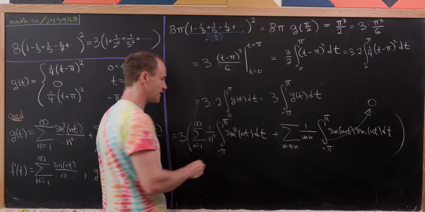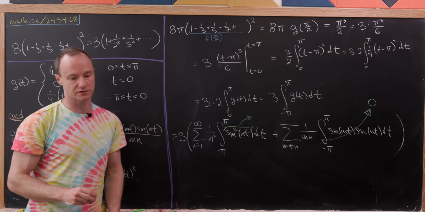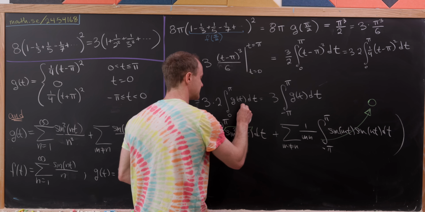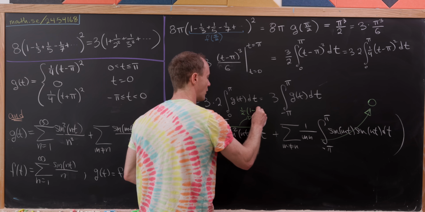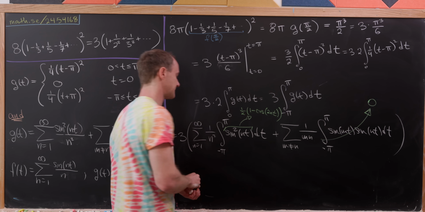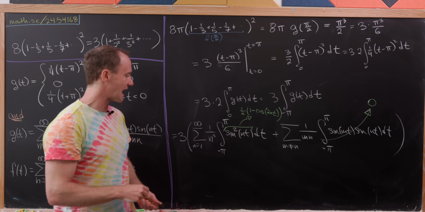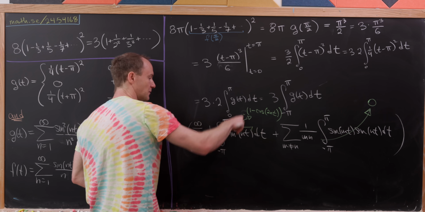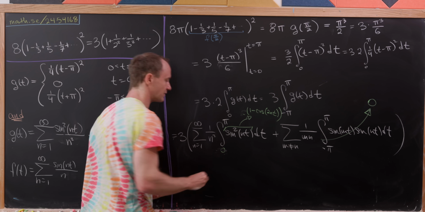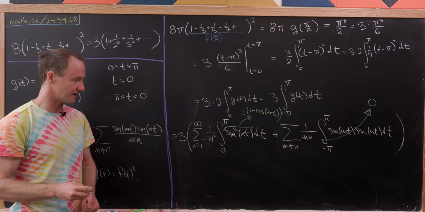And then next up, we can perhaps use a power reducing formula on this first integral. We can take that and we can rewrite it as 1/2, and then we'll have 1 minus the cosine of 2 times n times t. Okay, great. But what I'd like to do is take this 1/2, get rid of it by taking this minus pi and exchanging it with 0, again using the fact that sine squared in this case is even.